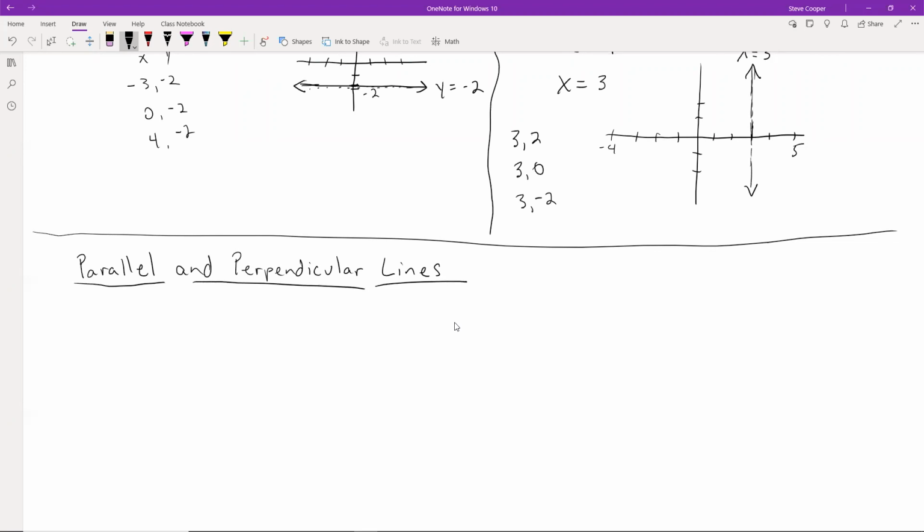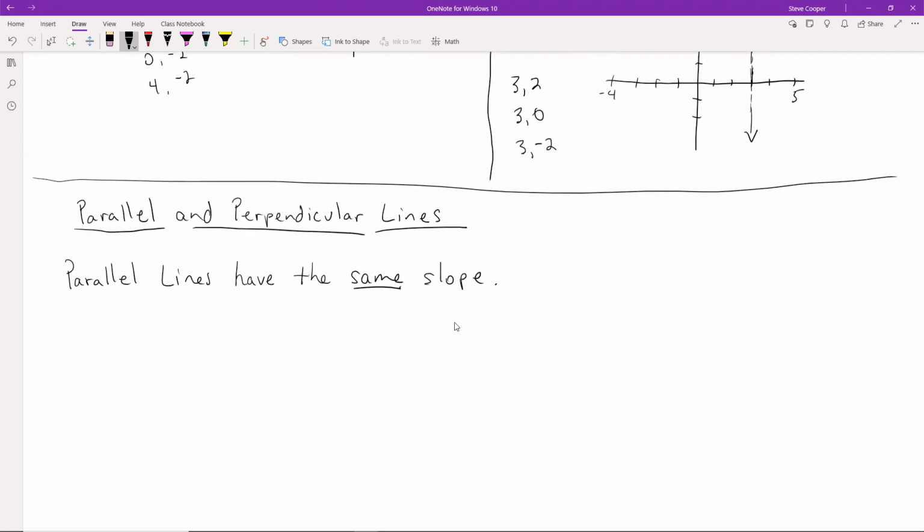So, parallel lines have the same slope. So we might be given a task like this.